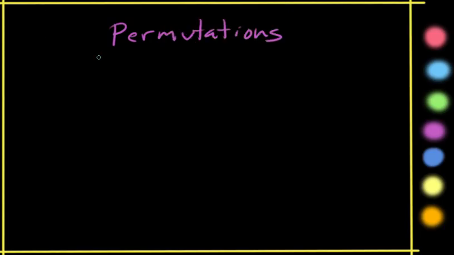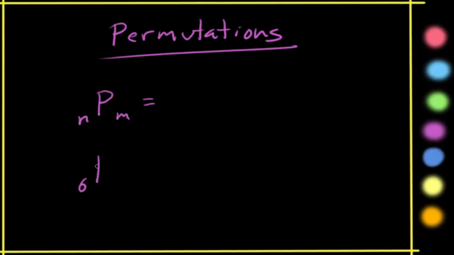The thing you need to remember here is that if you have n items and you want to know how many ways you can permute m of them, we write that nPm like that. So for example, you could have 6P3, that would be how many ways can I arrange 3 of my 6 hats on a shelf.